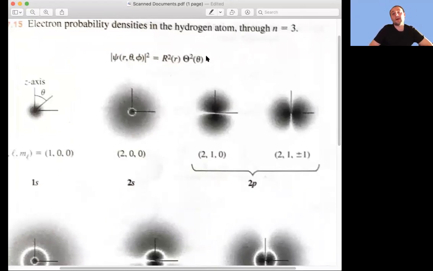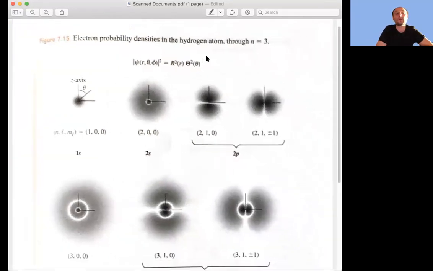It turns out that phi, the big phi, is just a complex exponential, so its magnitude is 1. And so the probability density depends only on the radius and the polar angle.